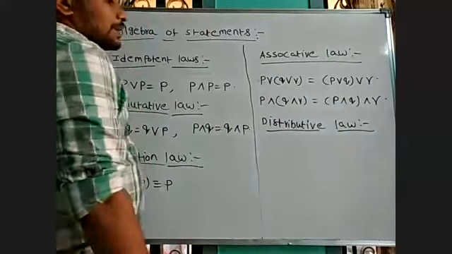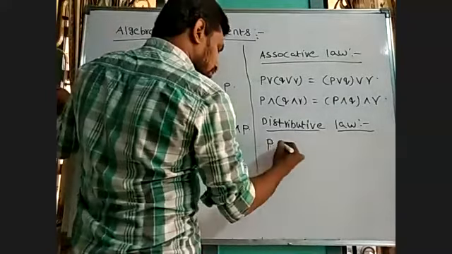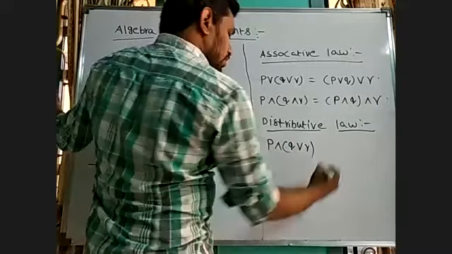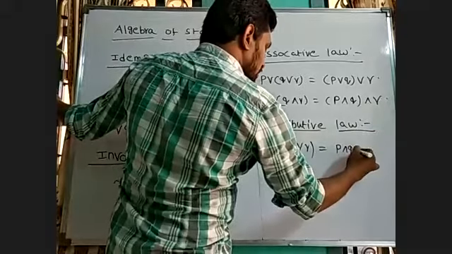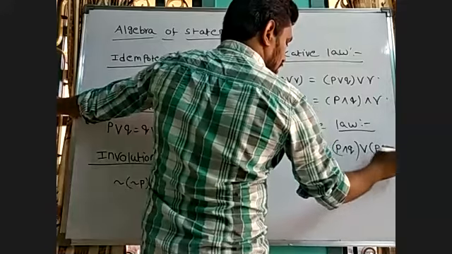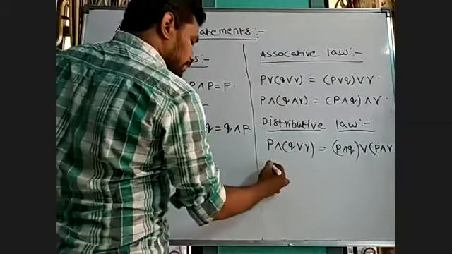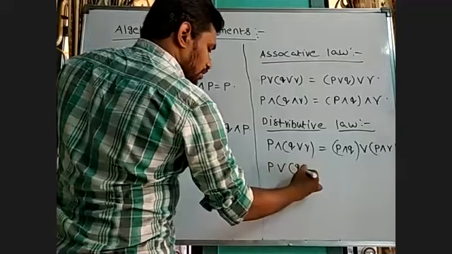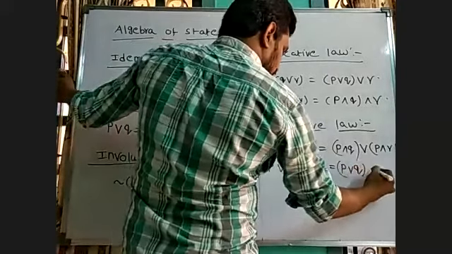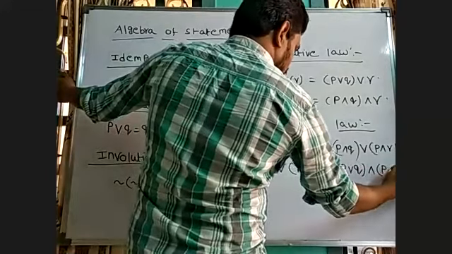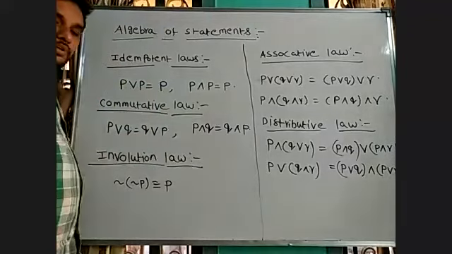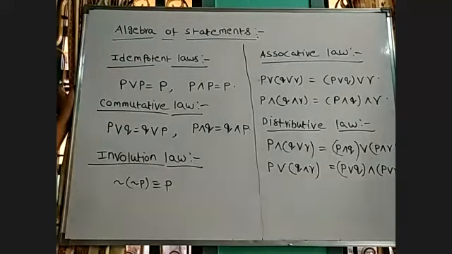Distributive law means P with Q, I will write them this into P and Q, P with R. Next, P with R, we will write them P Q. Next, this is P R. Okay, right. This is distributive law. This is associative law.